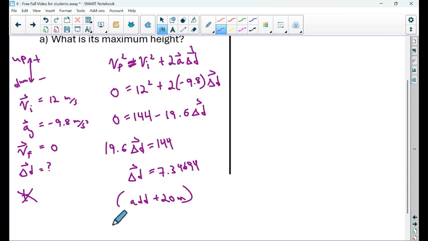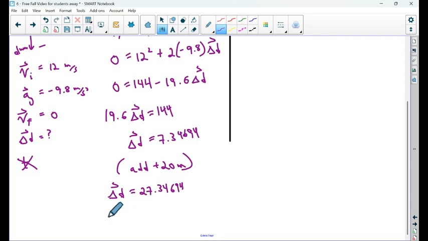Okay, so that means my actual displacement of the ball is going to be 27.34694. And if I round that off for significant digits to finish off my answer here, I do actually need to round it, so I'll put the squiggle. 1 sig fig, because that height of the building was 20 meters, that was 1, so it's just going to round off to 30, because it's closer to 30 than 20 meters. Displacement is a vector, so I need to say up. That's its maximum height.